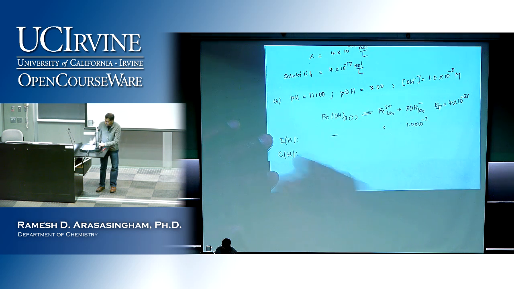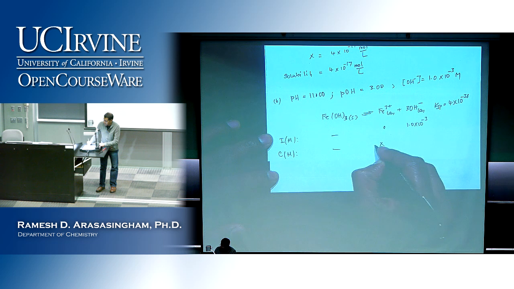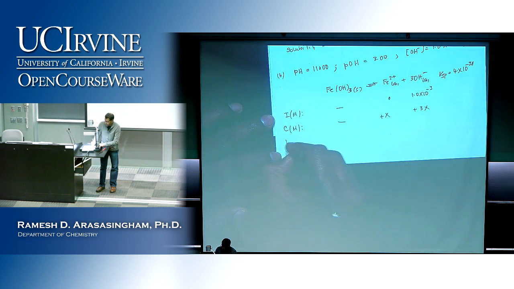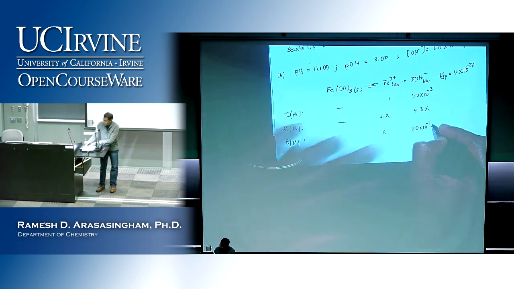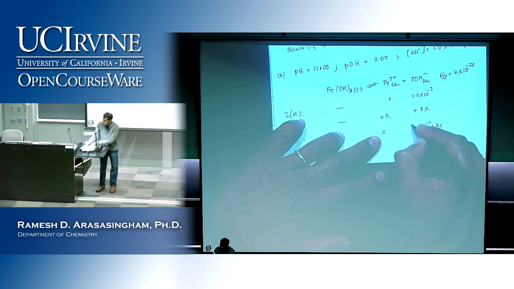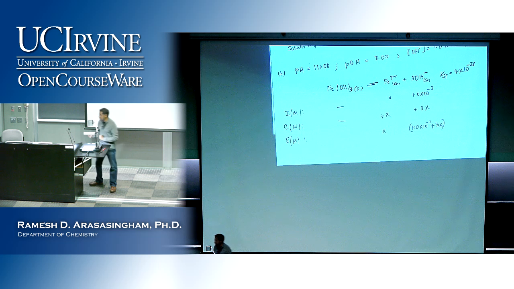Therefore, my change would be x plus 3x. At equilibrium, the iron concentration would be x, and the hydroxide would be 1 times 10 to the negative 3 plus 3x.